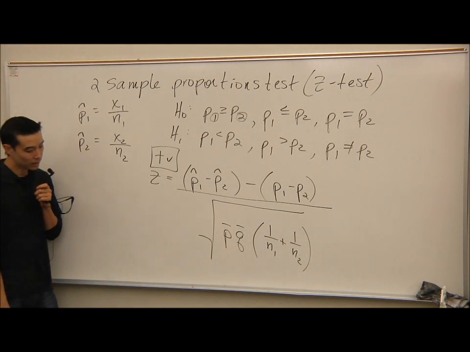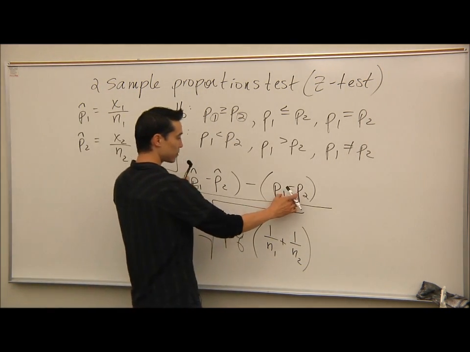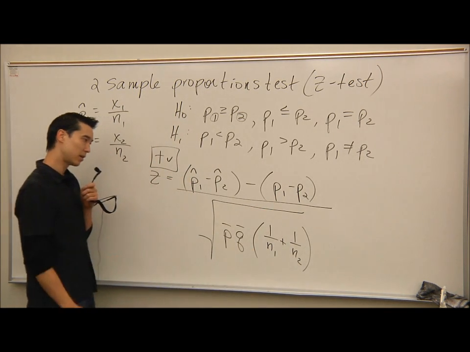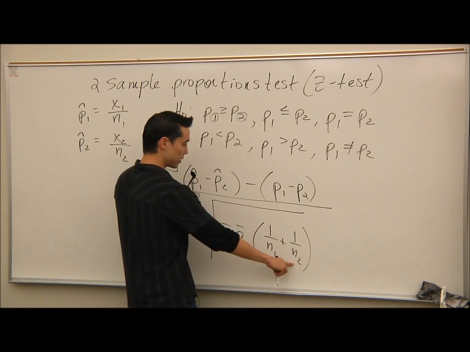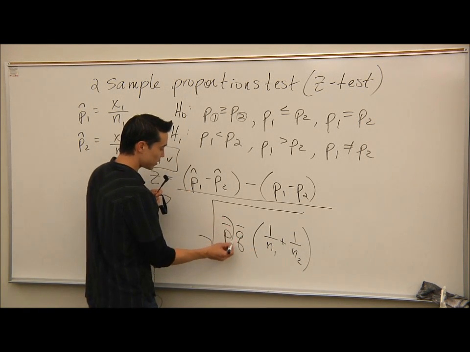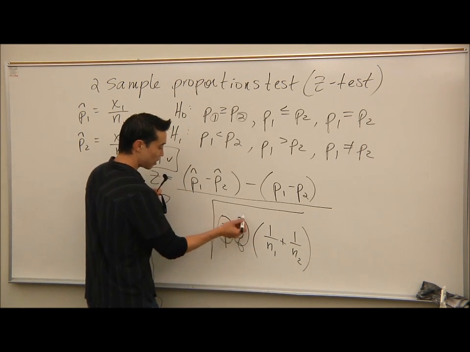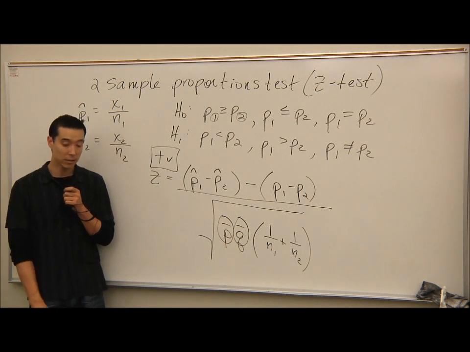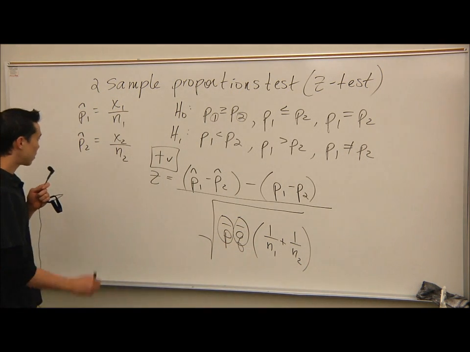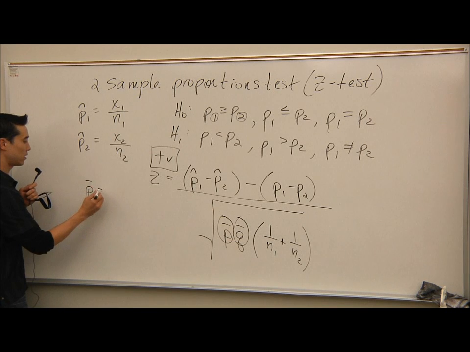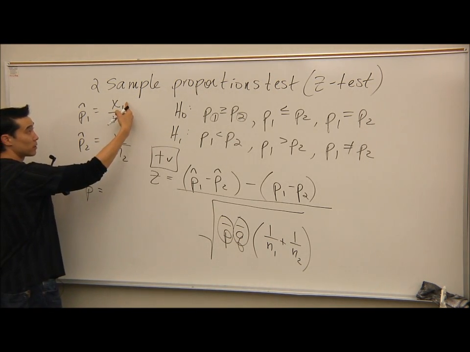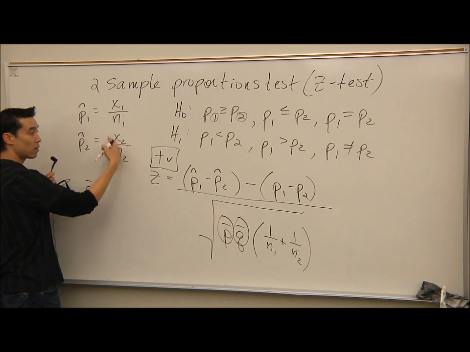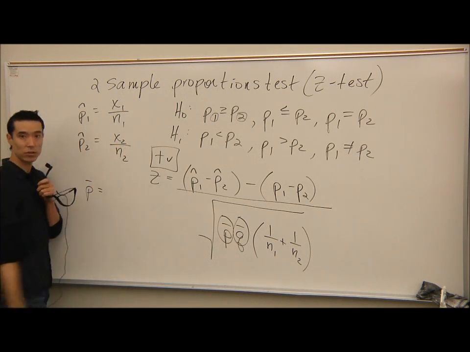Okay, the hypothesized difference here is going to be 0 unless otherwise indicated, and I'm not going to have any problems where it's not 0. N1 and N2 are sample sizes, so something that is new that we have not seen before is P bar and Q bar. Okay, so I do need to define P bar. So P bar is you take all of the sample units that have the characteristic of interest in the first sample together with all of the ones that have this characteristic of interest in the second sample.